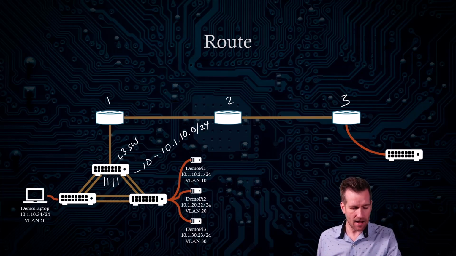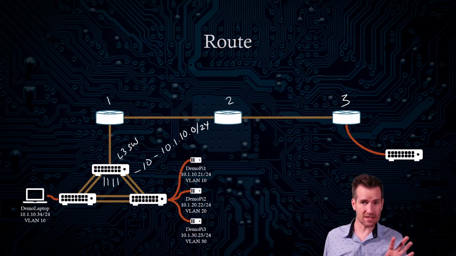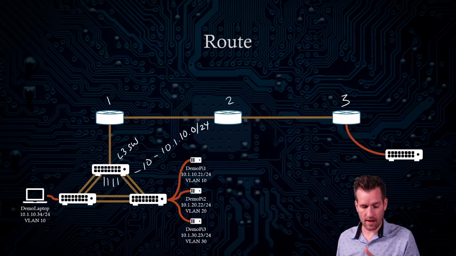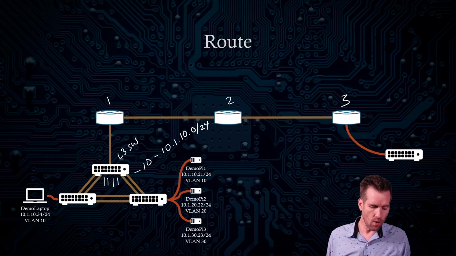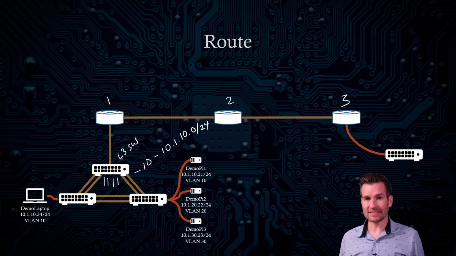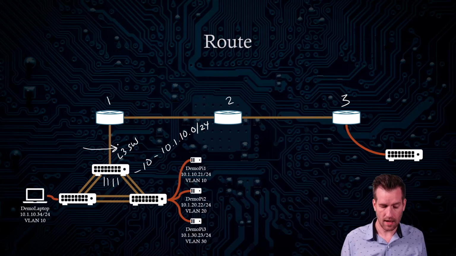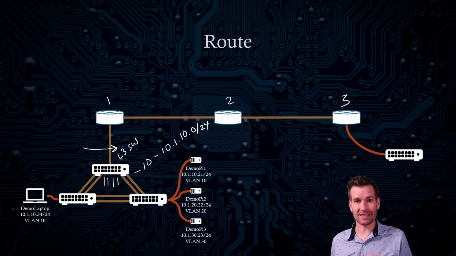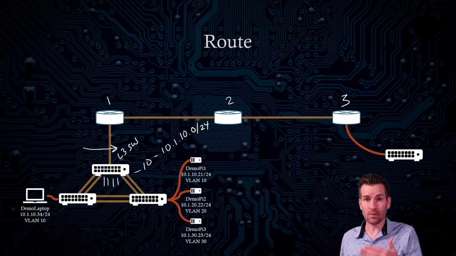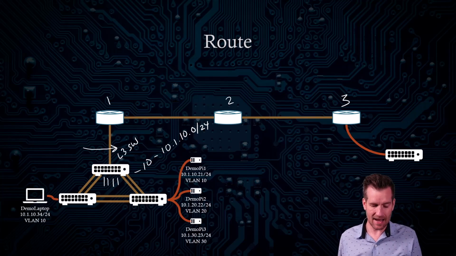And let's say that all these layer 3 devices, so these three routers and the switch, know of this network. So let's take a look at what that looks like from a route perspective. On this layer 3 switch, that's a directly connected network, and so within the routing table, it would show a route to that directly connected network.